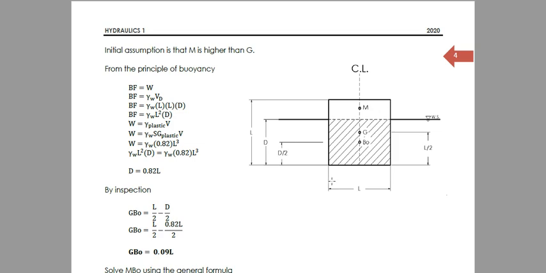Kapag unstable siya, it will try to roll over and over sa water. So, kailangan natin solve ang center of buoyancy. So, ano ang center of buoyancy? Yan yung geometric center ng displaced liquid. So, this shaded portion is the displaced liquid. Yung centroid niyan would be the center of buoyancy. So, kailangan natin i-solve yung draft.